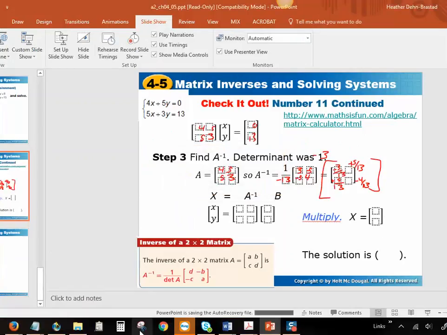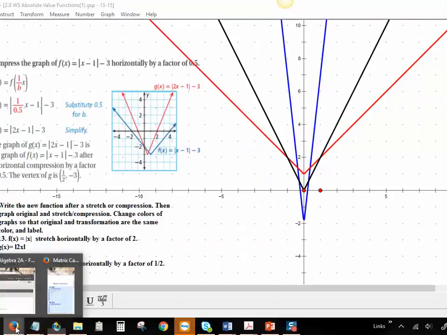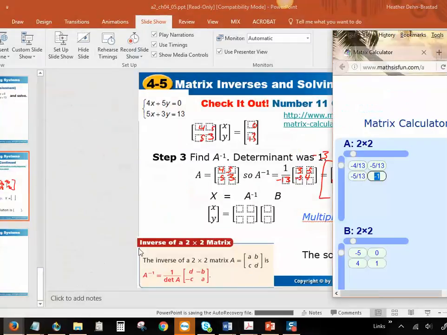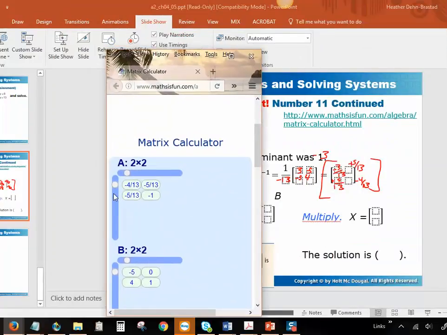All right, so now when I use the multiplication calculator, whoops, here we go. Put my pictures back up. So this should have been -3/13, and this was +5/13, and this was a +5/13, and this was a -4/13.